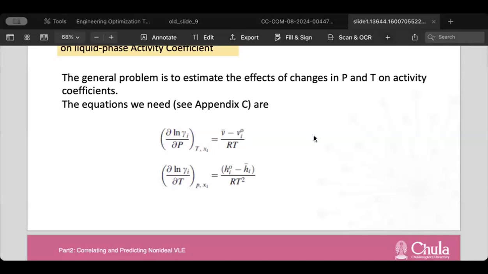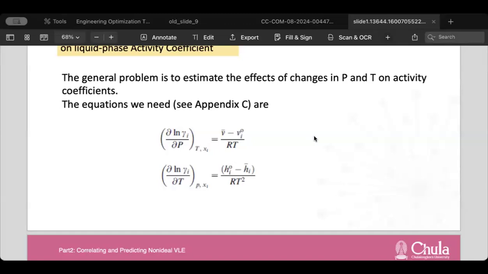If there is volume change, of course, you can expect for the change of pressure has effect on gamma. Gamma is more sensitive to pressure, okay?